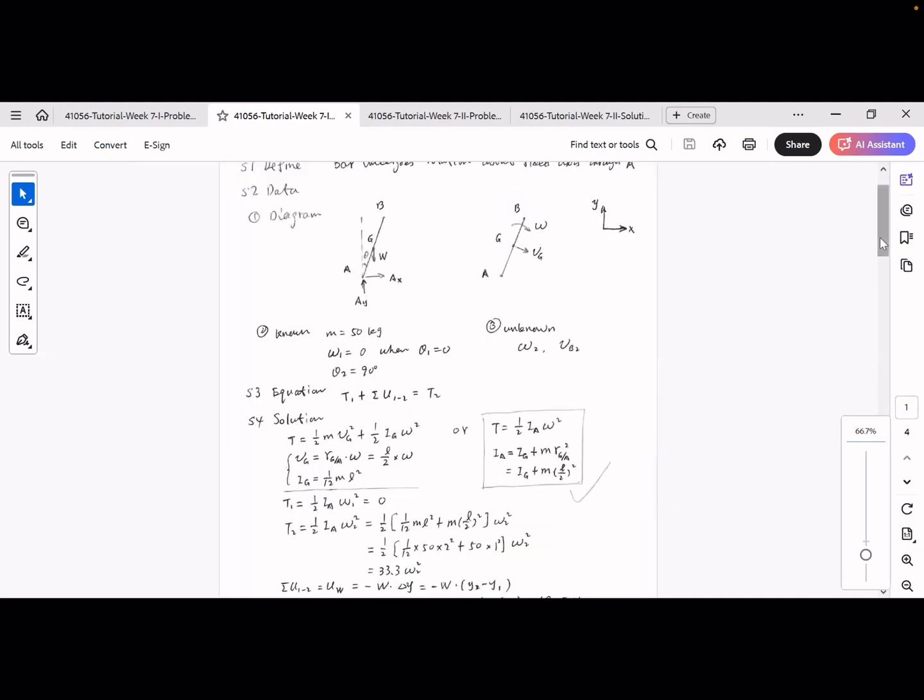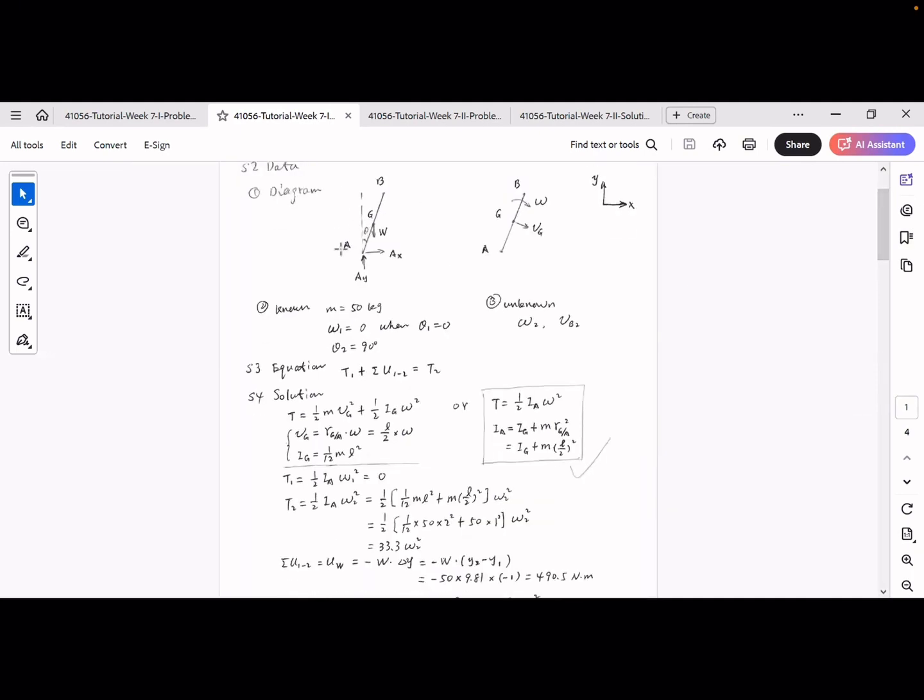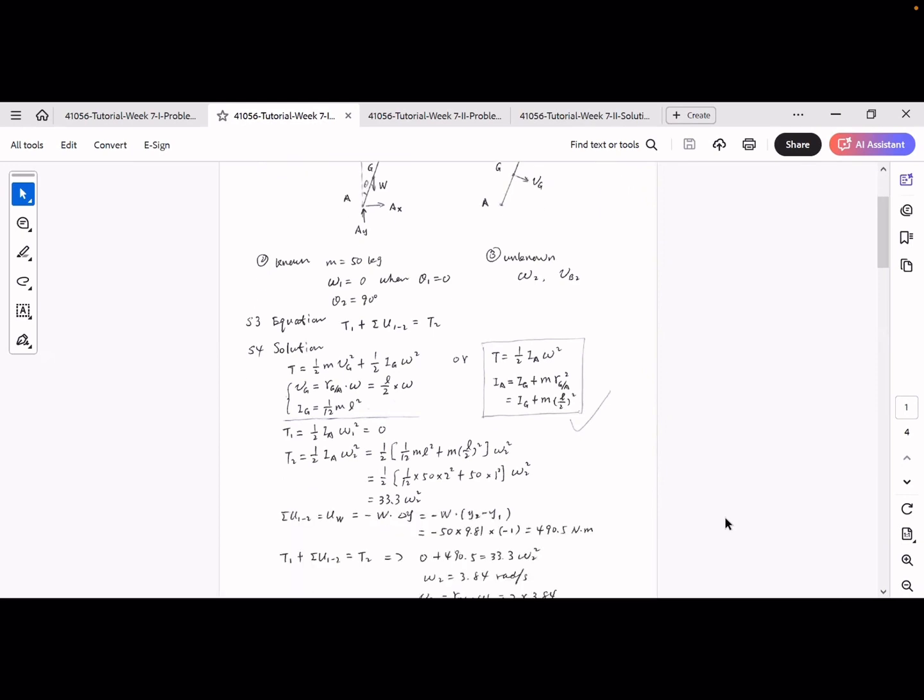What is the solution? Free body diagram and the kinetic diagram. The main equation, T1 plus sum of work is equal to T2. Notice T1 is 0, T2 is 33.3 omega 2 squared.